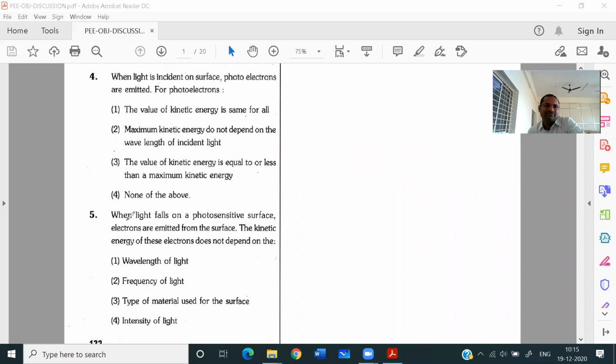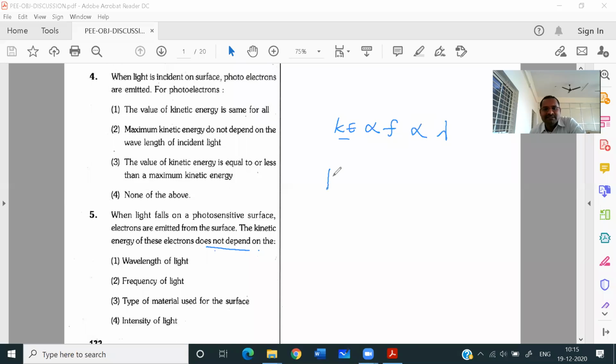Next, question number 5. When light falls on a photosensitive surface, electrons are emitted from the surface. Good. The kinetic energy of these electrons does not depend on what, they are asking. See, kinetic energy of photoelectrons depends upon frequency of incident light, and frequency depends upon wavelength.